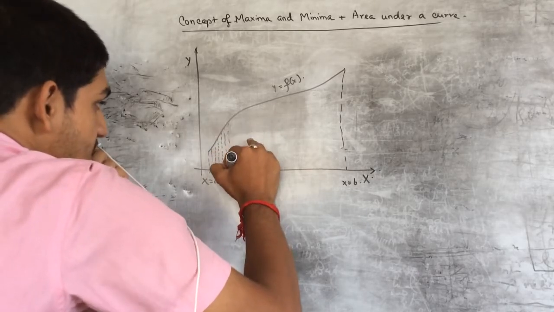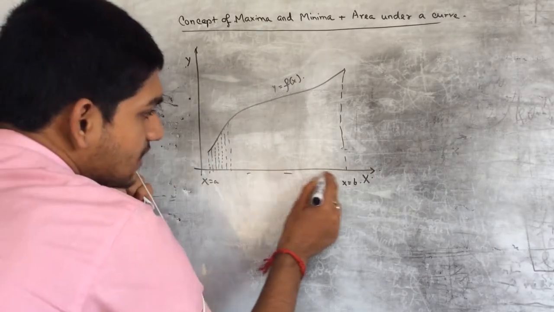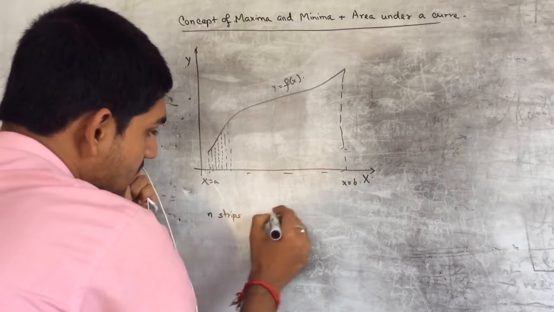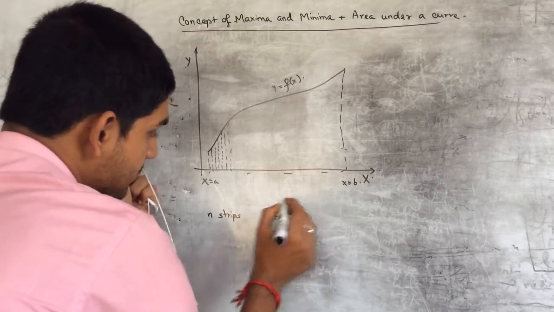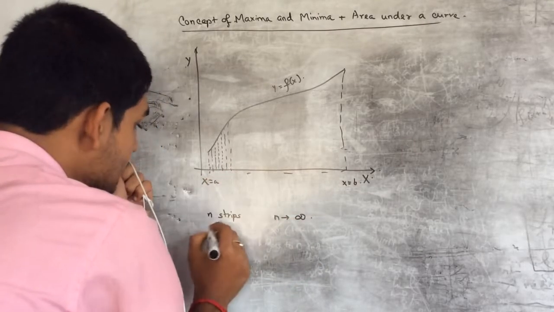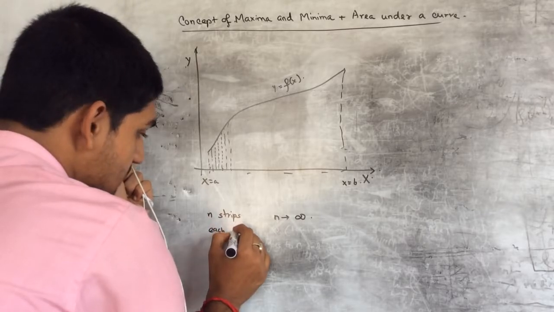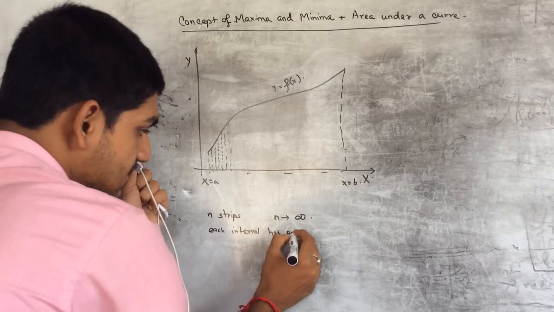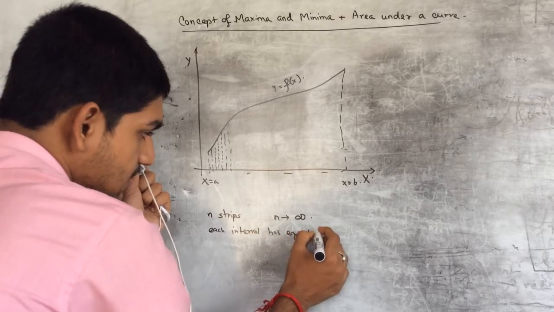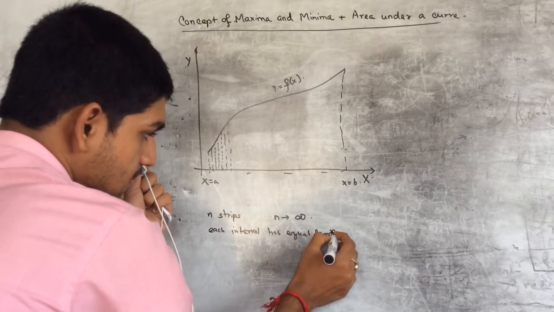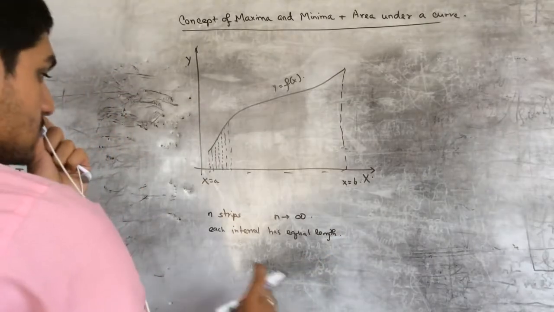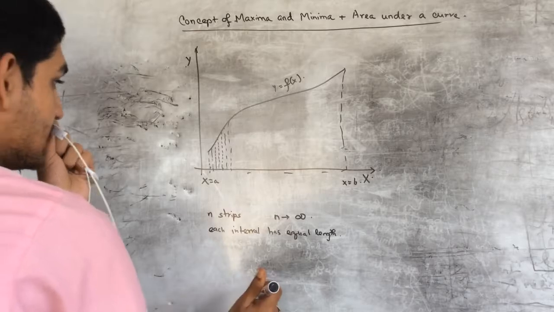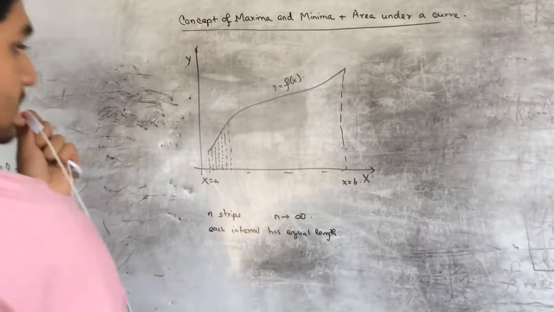So we take infinitely many strips, let's say n strips where n tends to infinity, and each strip has equal length.